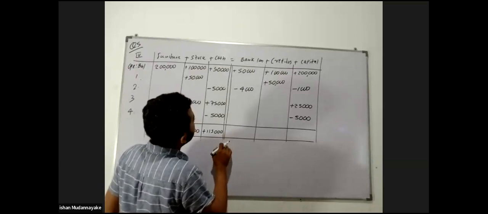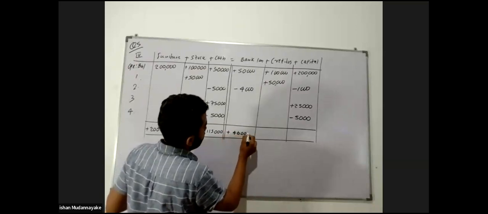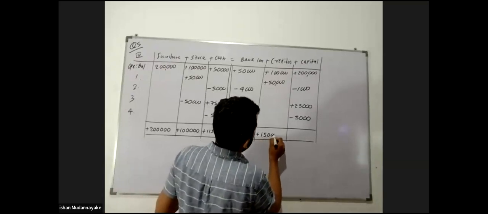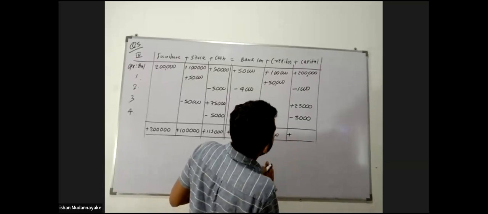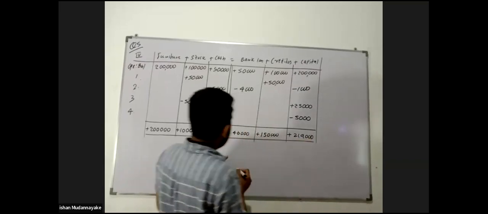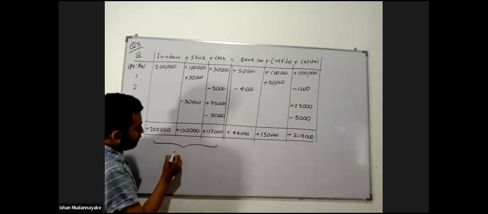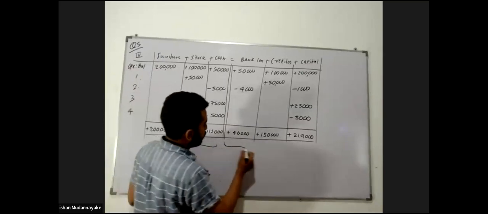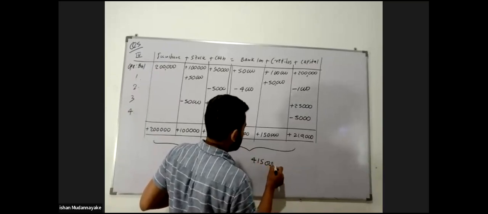Bank loan balance 46,000. And then creditors 150,000. Capital balance how much? 290,000, right. Debit side total amount how much? 415,000. Credit side also 415,000. Right, both sides equal.